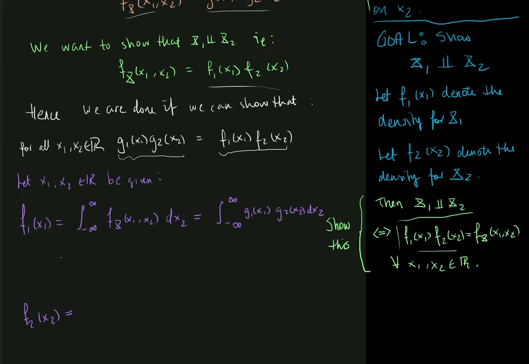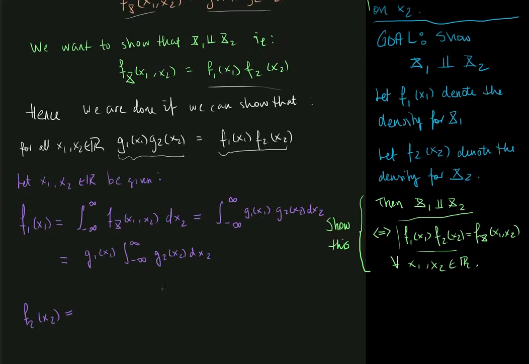Since I'm integrating with respect to x2, I can just take g1 of x1 outside of the integral sign, and then inside I have the integral from minus infinity to infinity of g2 of x2 with respect to x2. So what is the value of this? I don't know that. It's just some number.